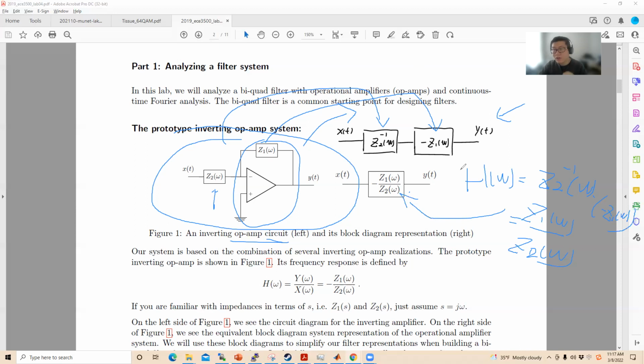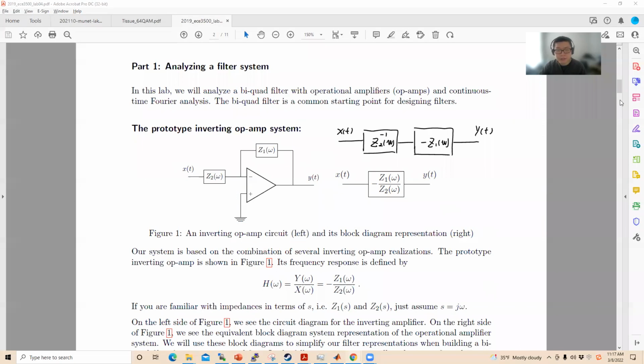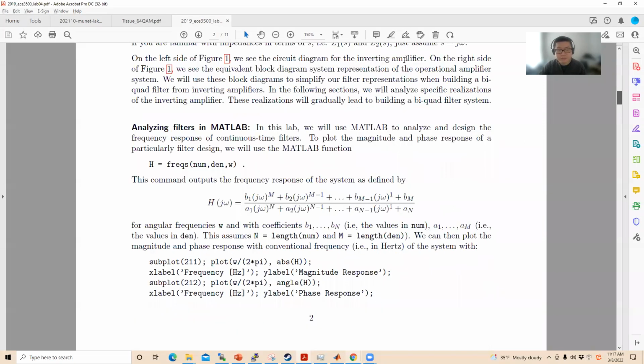So our system response general form should look like this. You can see for both the numerator part and the denominator part, both of them are functions of jω.